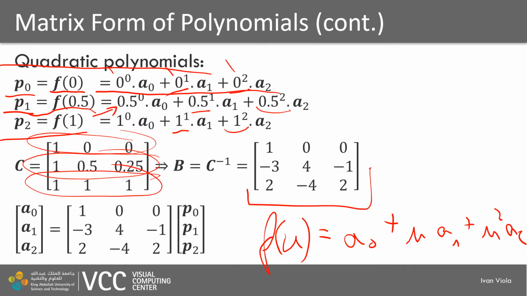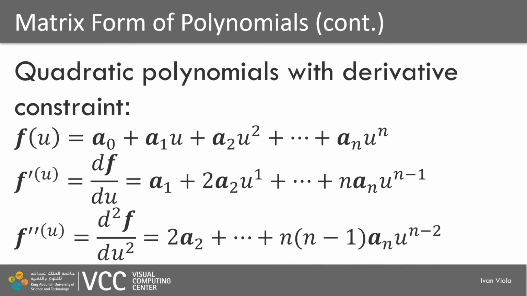And that will be our desired formula, which will pass through our points P0, P1, and P2 exactly as we have defined it, with the constraints that P0 will be at the beginning, P1 will be in the middle of the parameter range, and P2 will be at the end.